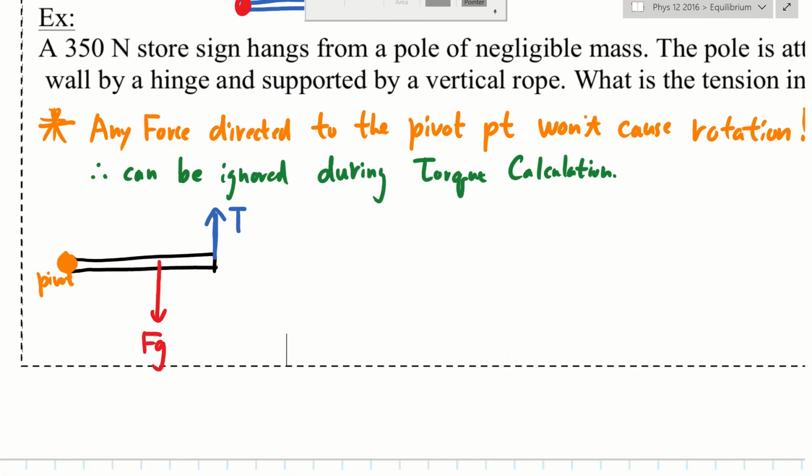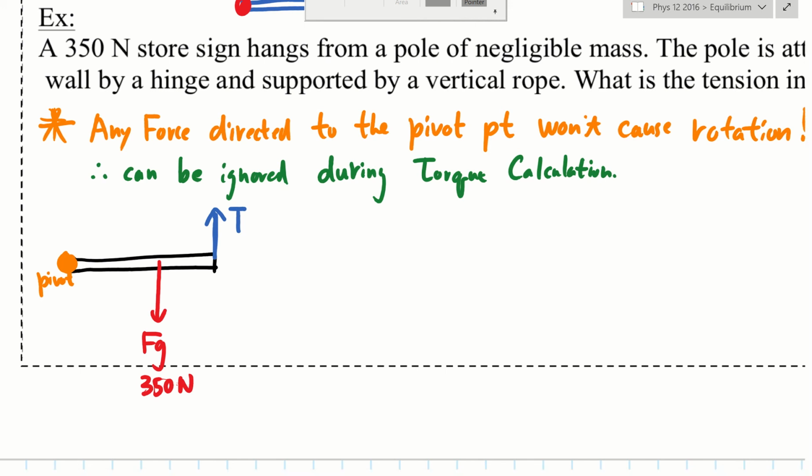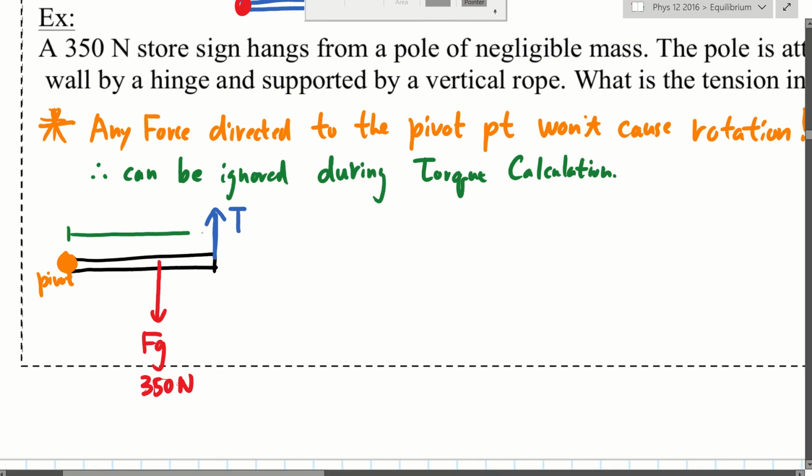Okay, well, let's do it. Before we actually put numbers in, so that's 350 Newton from the question, we need to measure distance. Well, what distance? Distance from the pivot. For example, the distance to the tension, can someone tell me how much that is, looking back at the picture?